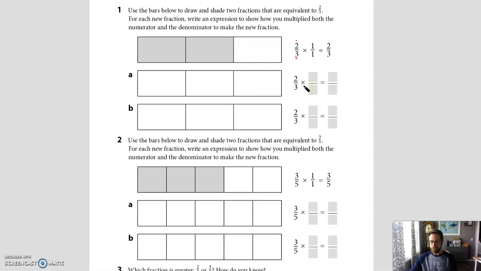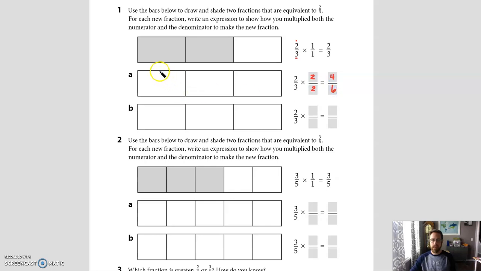So for this one, we've talked earlier this year, when we had our unit on fractions, about how to make equivalent fractions. Well, you just multiply the numerator and the denominator by the exact same number. So you could double them and double them and keep doing that. If I wanted to do that, remember, keep it simple. If I wanted to multiply them both by 2 and by 2, that means my fraction would be 4/6.